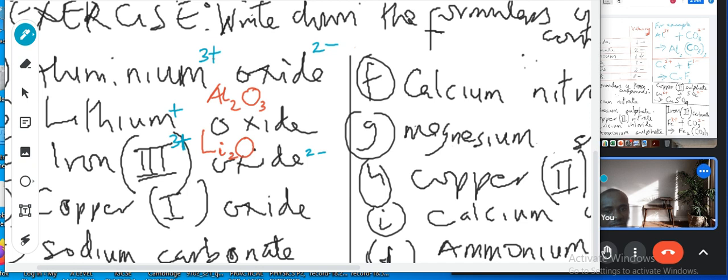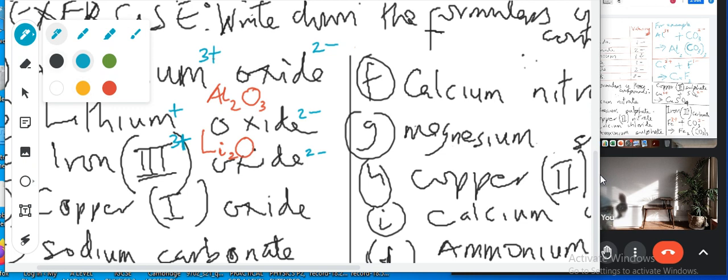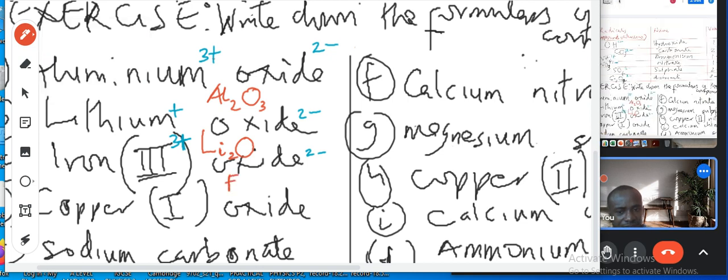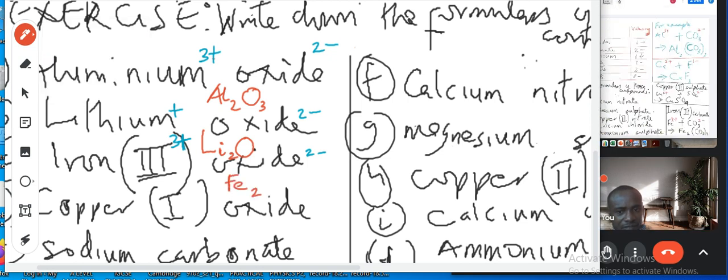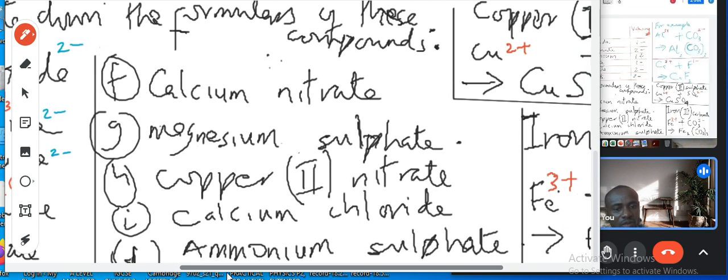So what would be the formula of iron(III) oxide? Iron is Fe. Fe2 and O3. Fe2O3.